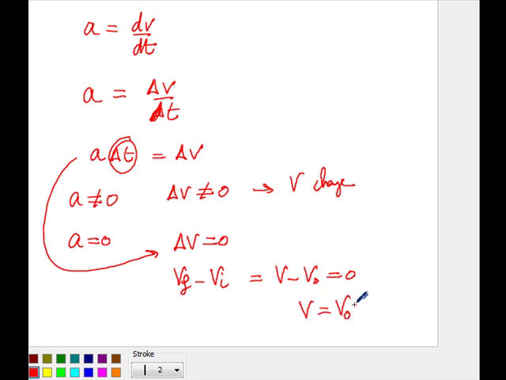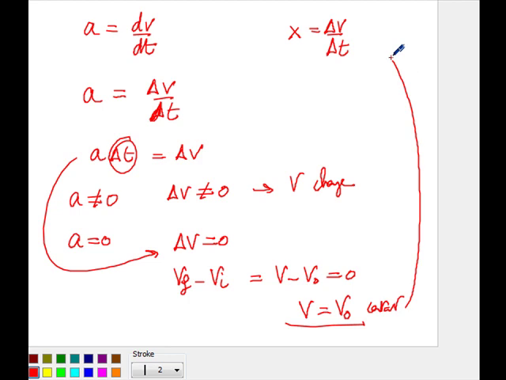If this is true, since v is equal to delta x over delta t, we can use again the exact same reasoning. If v is a constant, by definition of the relationship between v and x, x must be increasing at a constant rate. But if v is not a constant, then x will be changing with a behavior such as t to the 2.